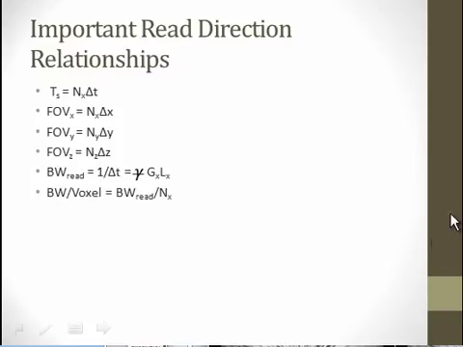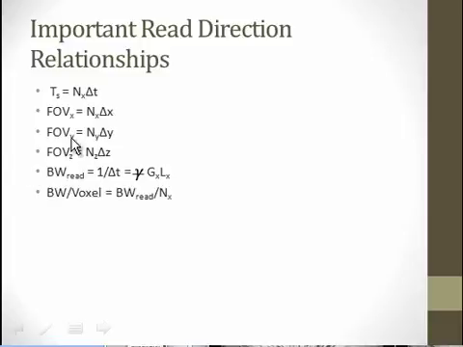And so what are some important read direction relationships? Well, the total sample time is equal to the total number of samples in k-space times delta t, or how fast you're sampling. The field of view in the x direction is equal to the number of samples in k-space multiplied by the voxel width in the x direction.